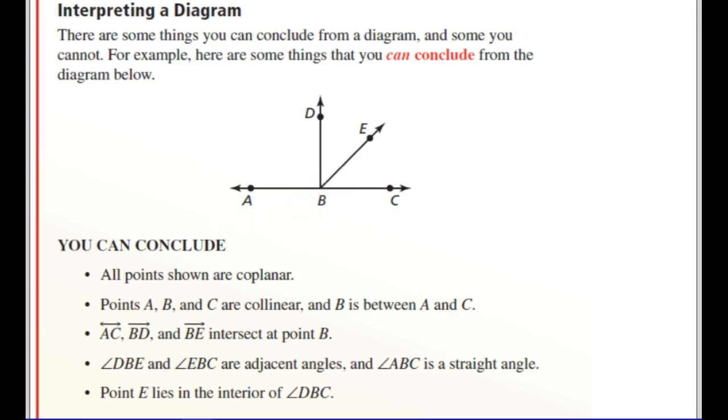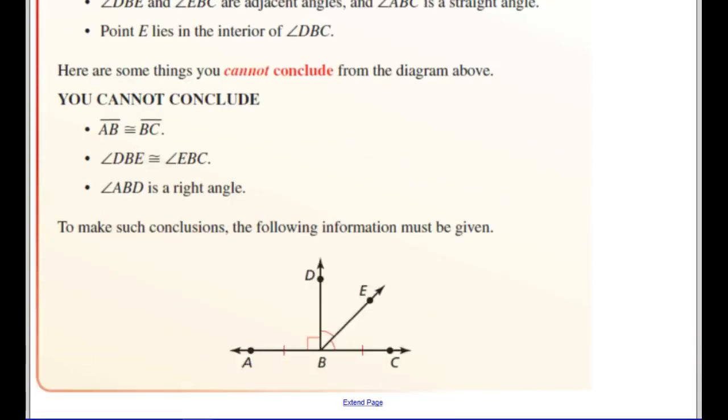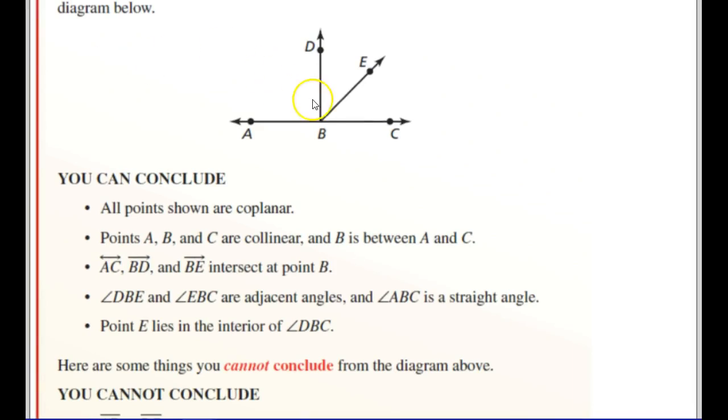The biggest things we cannot conclude: I cannot say that AB is congruent to BC until I'm told that. The other thing I don't know is that angles DBE and EBC are congruent unless I am told that. I also cannot tell that this is a right angle unless I'm specifically told that. So keep in mind, unless you are told these things, you cannot assume them.